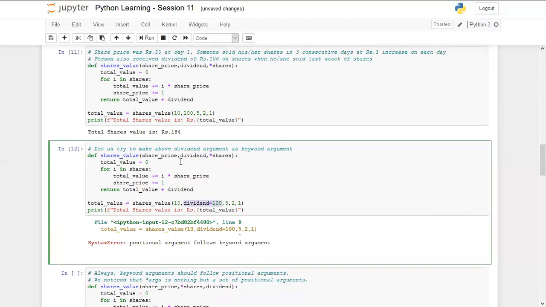I'm assuming share price will hold the value 10 as the first argument, then dividend I'm making a keyword, dividend is equal to 100, and all the rest of the values will be consumed by shares. So it is taking 5 to 1, but it will not work because, as we know, there is a precedence that has to be followed. Now understand that 5 to 1 has to come earlier, then dividend should come. Dividend is equal to 100, perfect. And we also have to change the function definition as well.